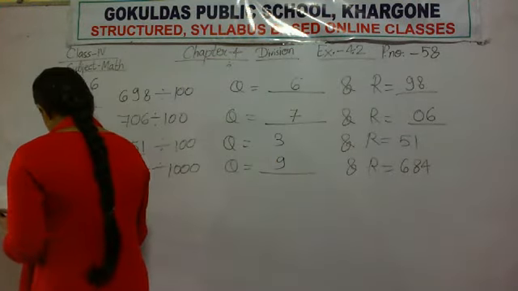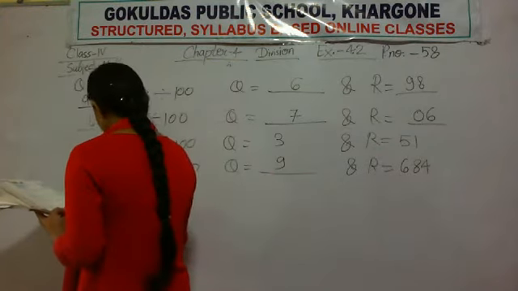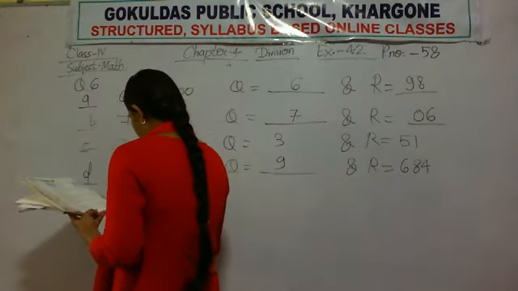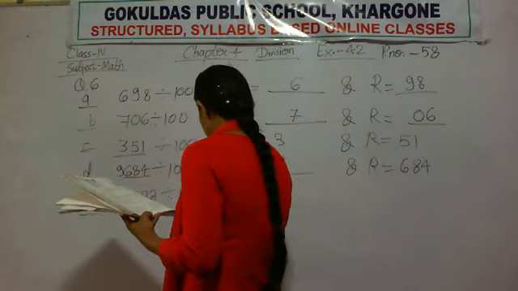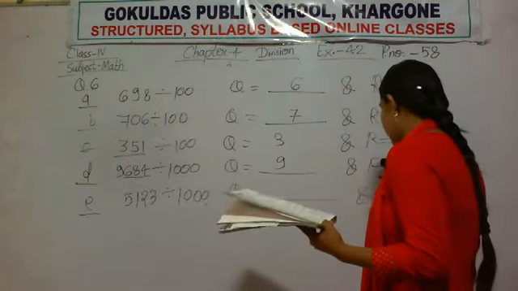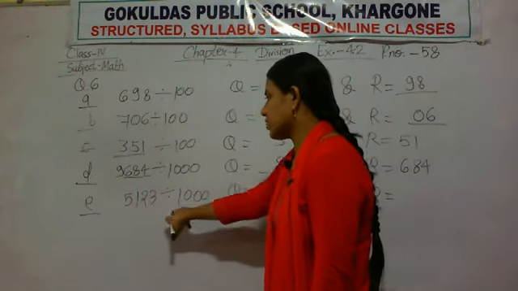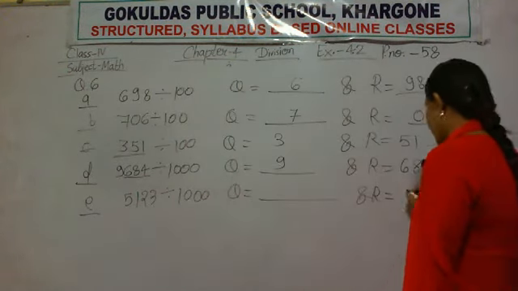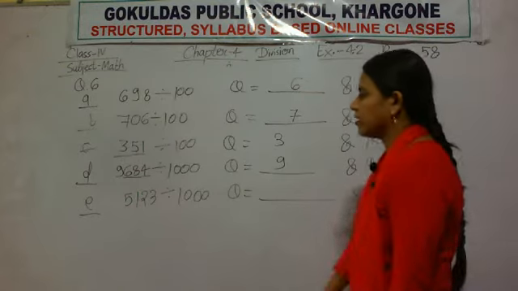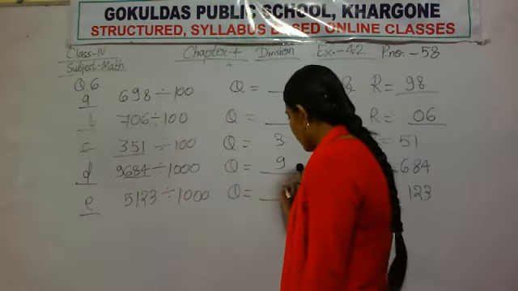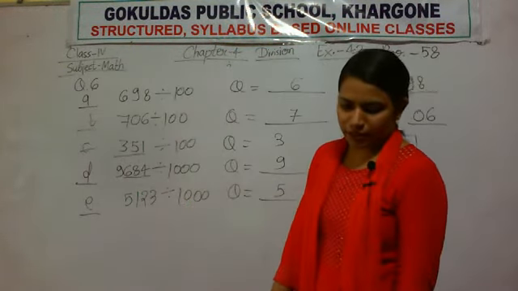Okay. Now E, 5123 divided by 1000. So your quotient will be and remainder will be. So we know that if we divide any number by 1000, then the last three digits are our remainder. So 123 is our remainder and the remaining digits of the given number are our quotient.